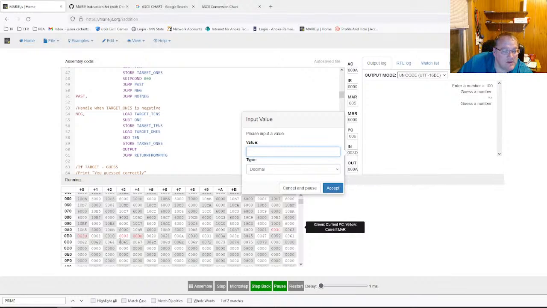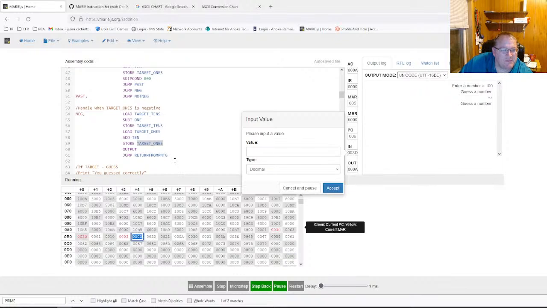Okay. So it put the 3 here. It then output this. Yeah, we can't rely on what's in the accumulator currently. So it output whatever's in there. So that's that one.